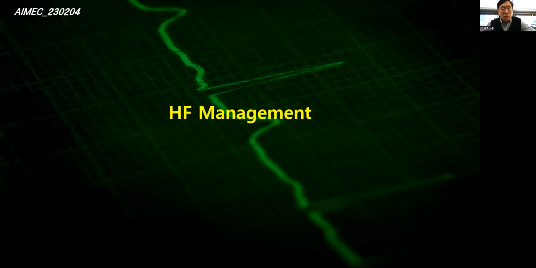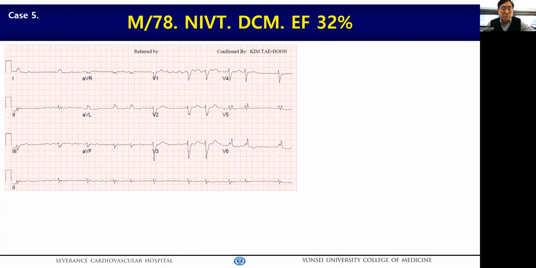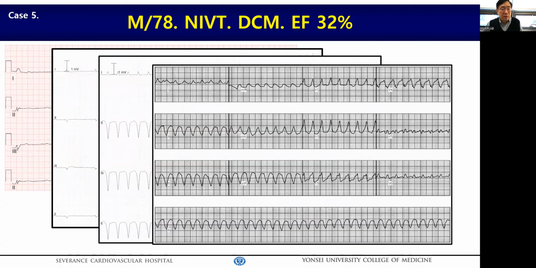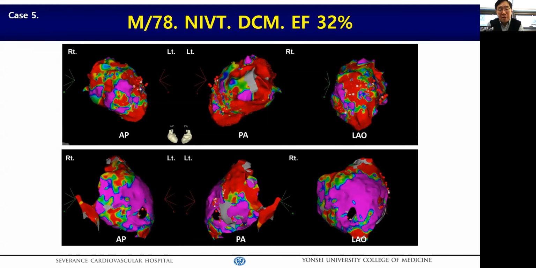The last but most important issue might be heart failure management. Case 5 was a 78-year-old male patient with dilated cardiomyopathy and VT with multiple morphologies, like this. So as you expected, this patient had multiple patchy scars and multiple VT foci.